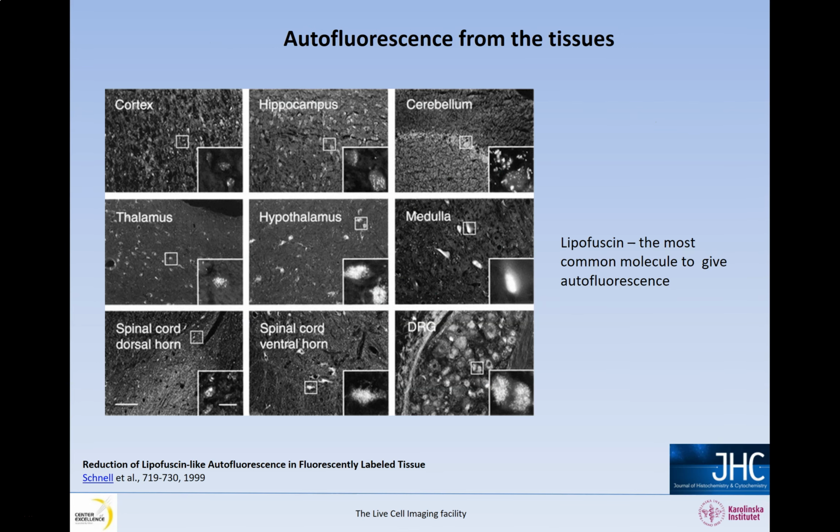Many biological molecules fluoresce naturally. In tissue, this is often a problem, as the tissue itself can fluoresce in many channels as strongly as any nice antibody staining. Lipofuscin is the most common molecule to give autofluorescence.